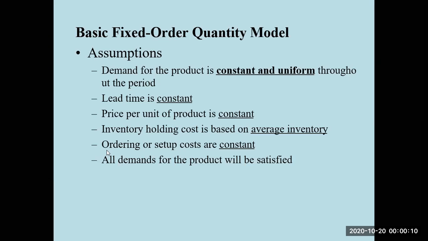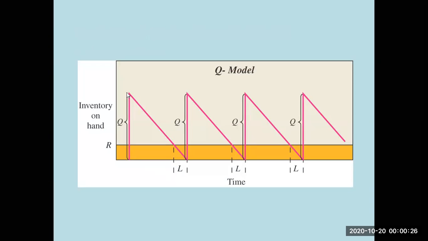And then ordering and setup costs are constant, every time the same whenever we place an order. And all demand for the product will be satisfied. So order Q and then receive Q. The initial inventory level is Q, then 0 here.